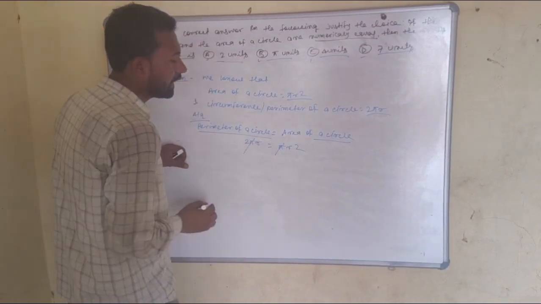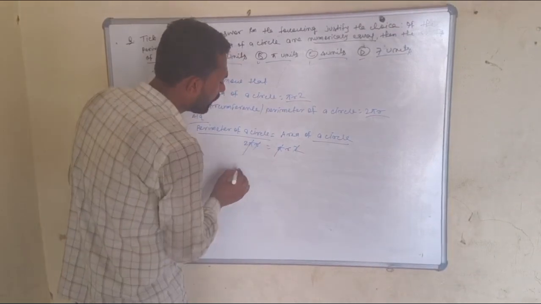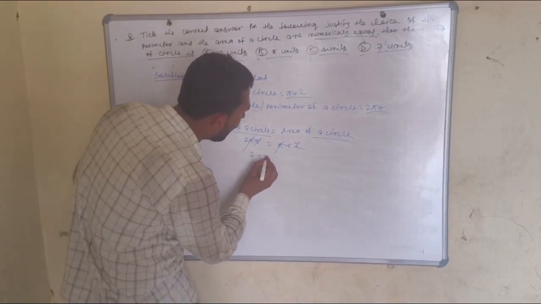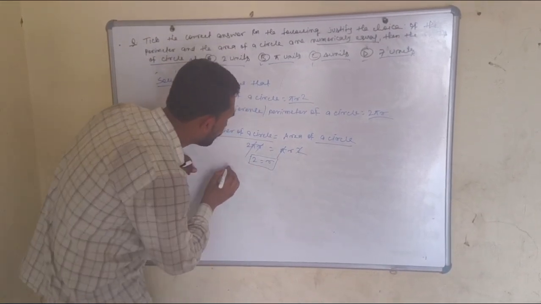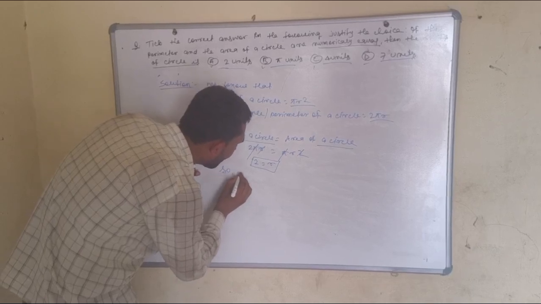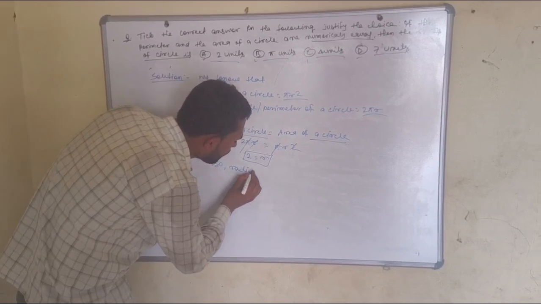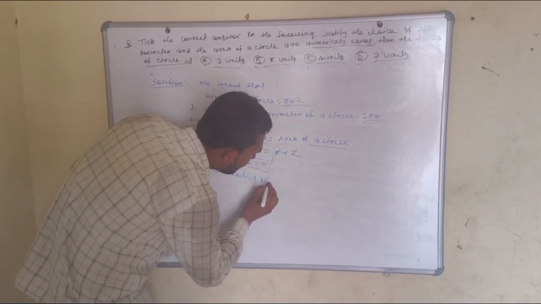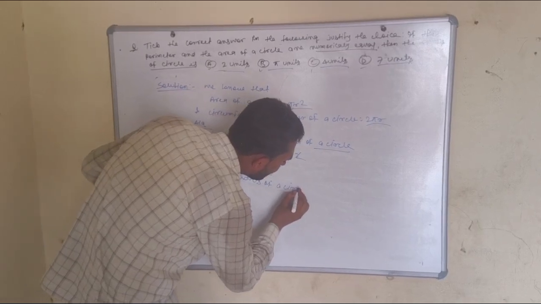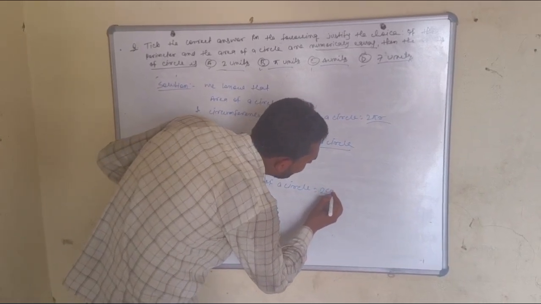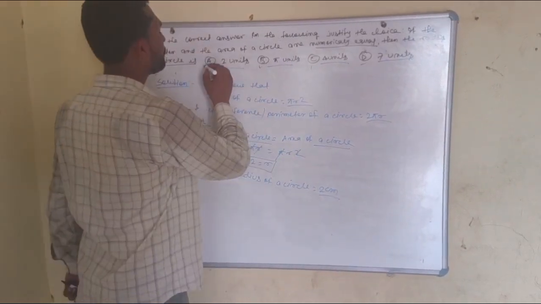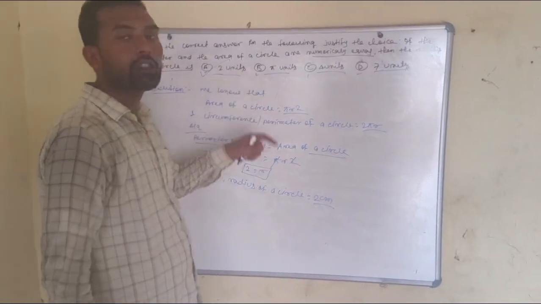Pi cancels out, 1 r cancels out, and 2 equals r. So the radius of a circle is 2 centimeter. Then option number 1 will be the correct answer.